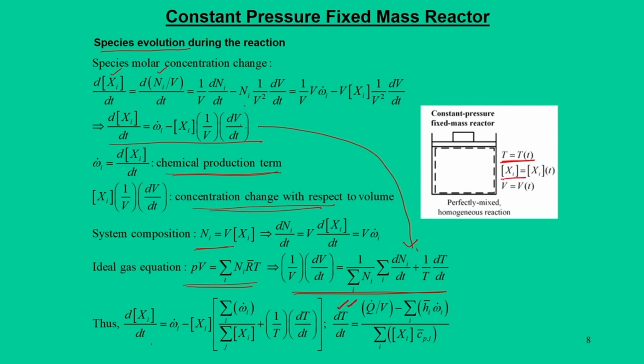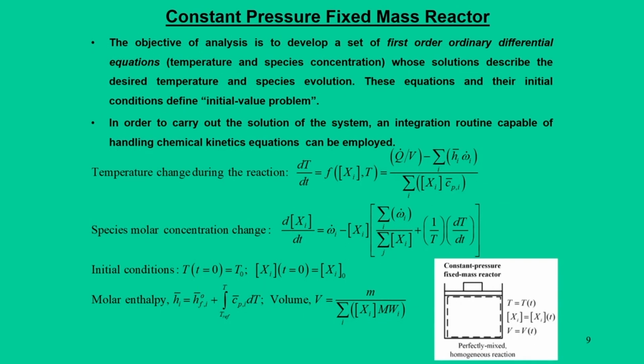Second, we are trying to see how the concentration changes with time, which we can achieve through this, and we also see how volume changes with time, which we can also achieve from these equations. So, we have all these three equations which need to be solved simultaneously.